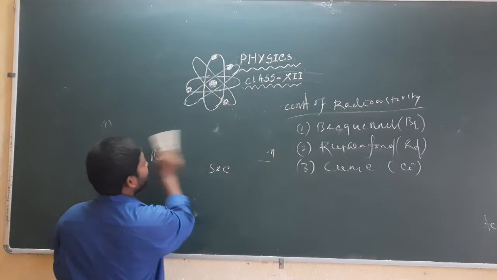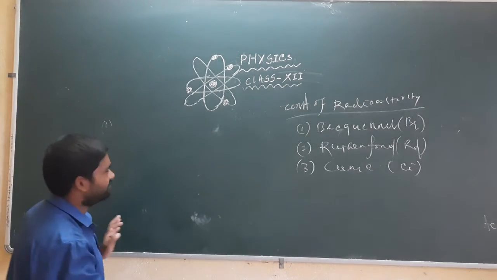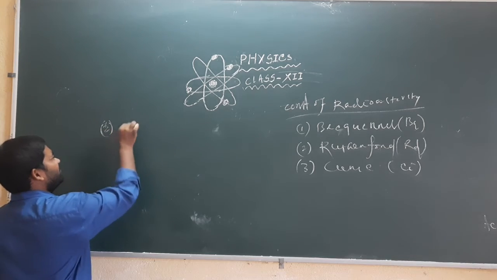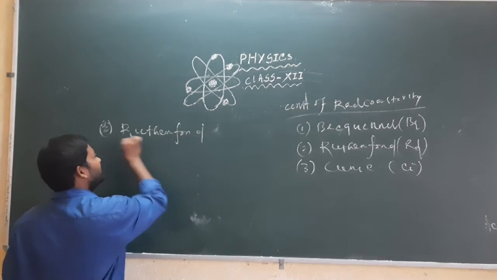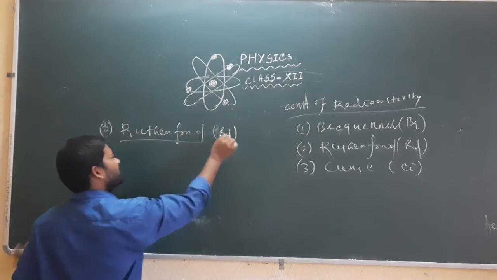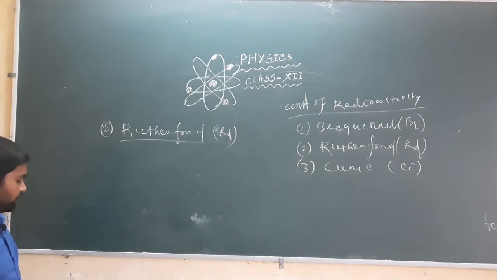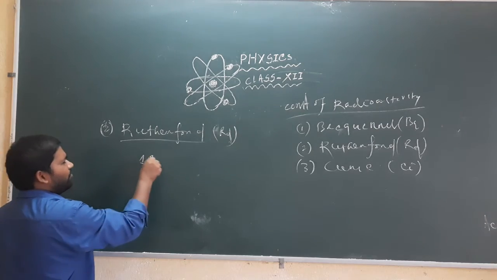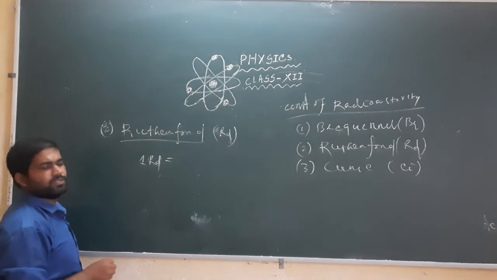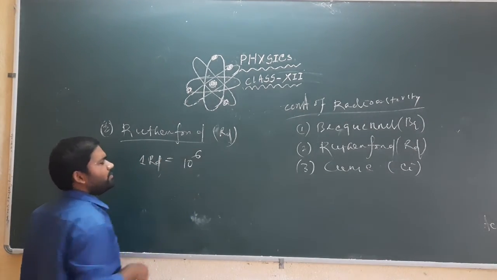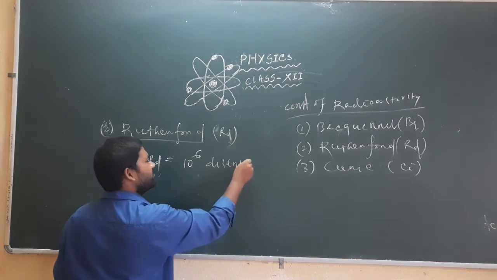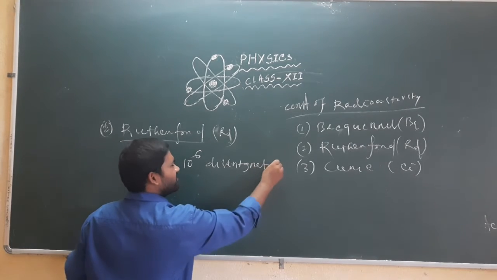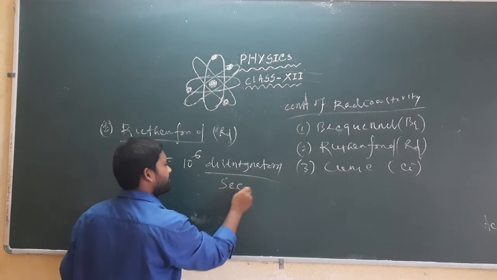Second, we discuss the Rutherford. 1 Rutherford equals 10 to the power 6 disintegrations per second.